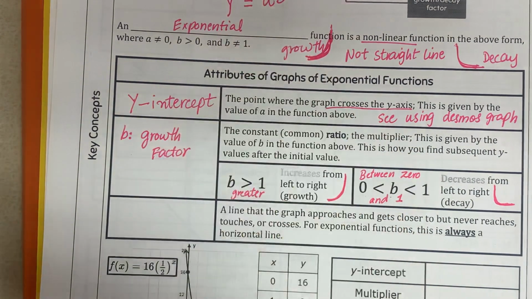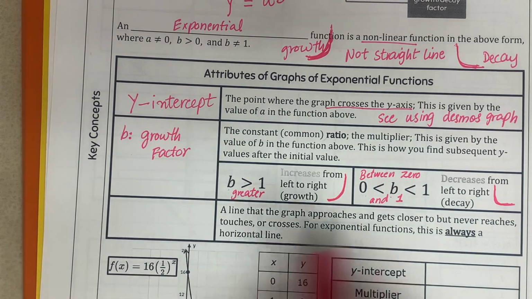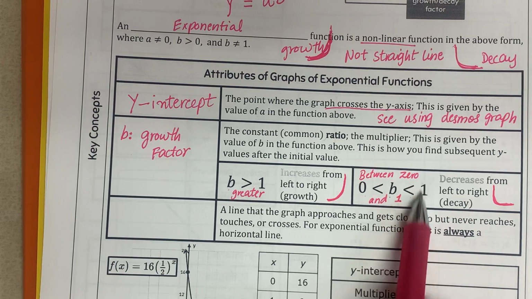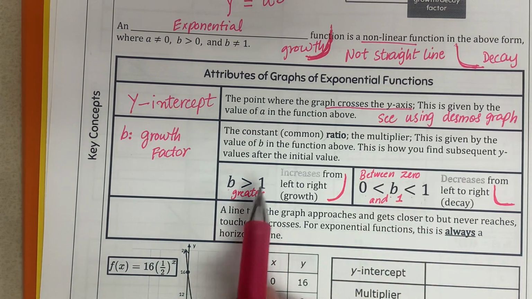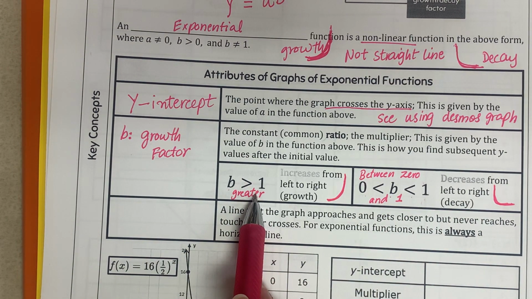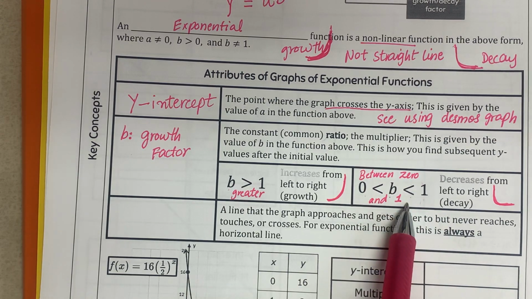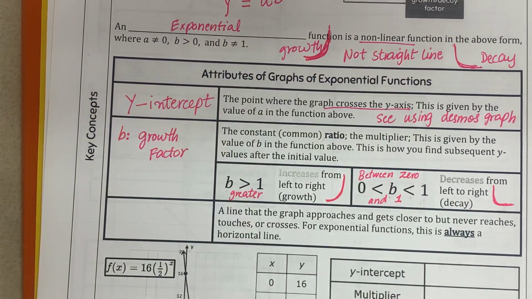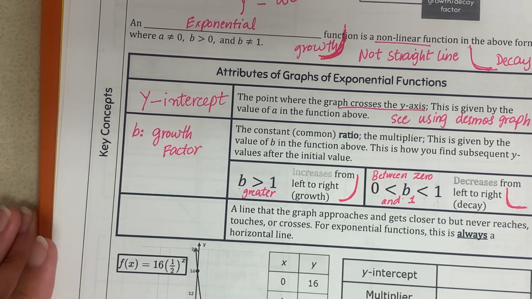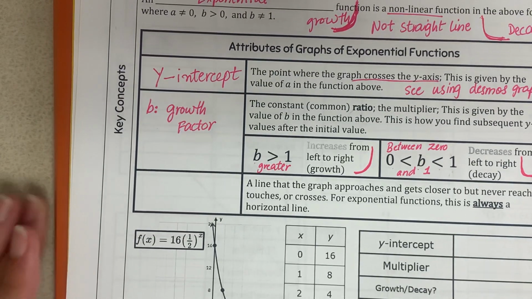That thing does not happen in real life, so it's never going to be a negative number. And it is not going to be above 1, because if it was greater than 1, that is going to be increasing. So it is between 0 and 1. By looking at that b, I can totally tell whether it is going to be an increasing or a decreasing graph. Again, you can graph it in Desmos and you can see.